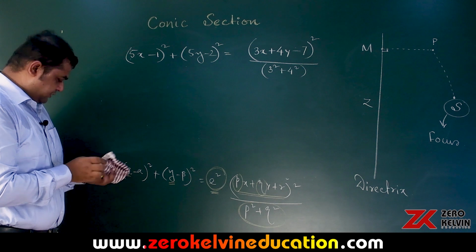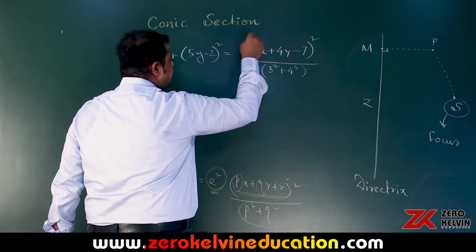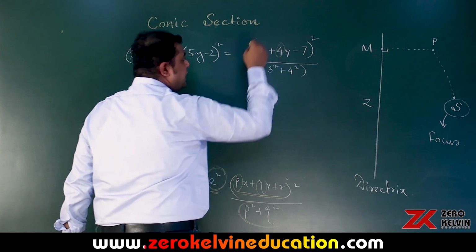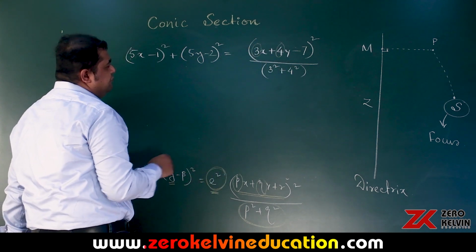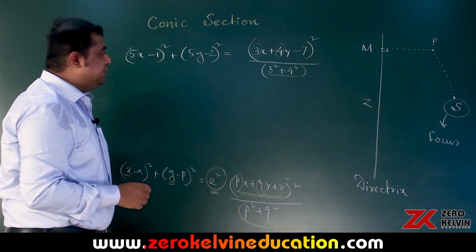If we compare this with the standard appearance, on the right hand side 3 and 4 are respectively the coefficients of x and y, and accordingly 3² + 4² is present over here.